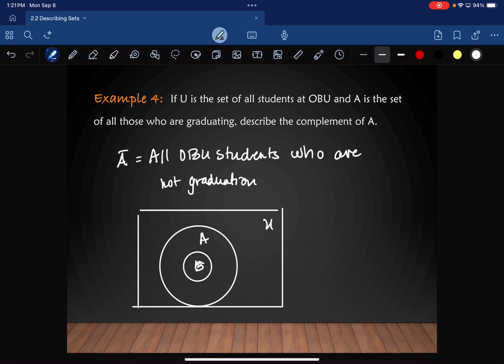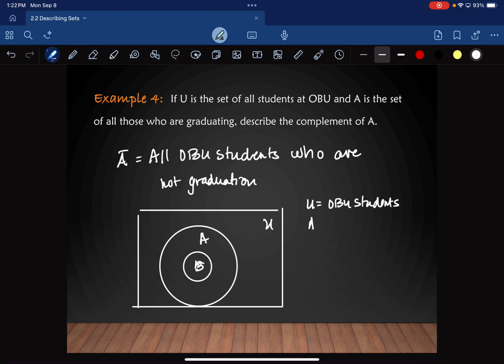So it's a way of categorizing something that's a little bit more specific, right? So perhaps U is all the OBU students, and the set A is those who are graduating, but the set B is freshmen. Does that make sense? I didn't say that very well. Let me write it down, because that was not a good example. Scratch that completely. Let's do our U as our universal set, and it's all of our OBU students.